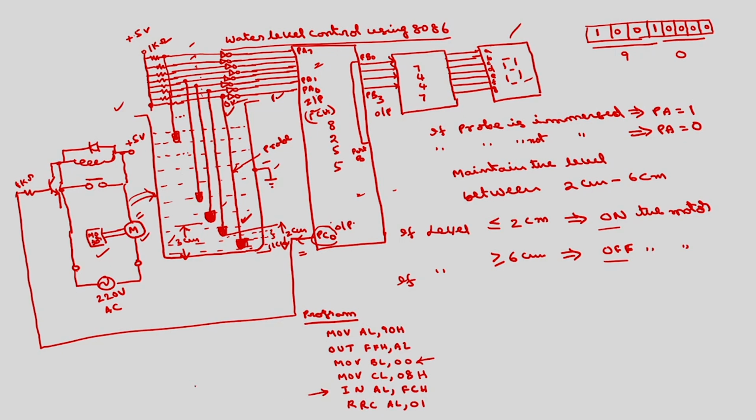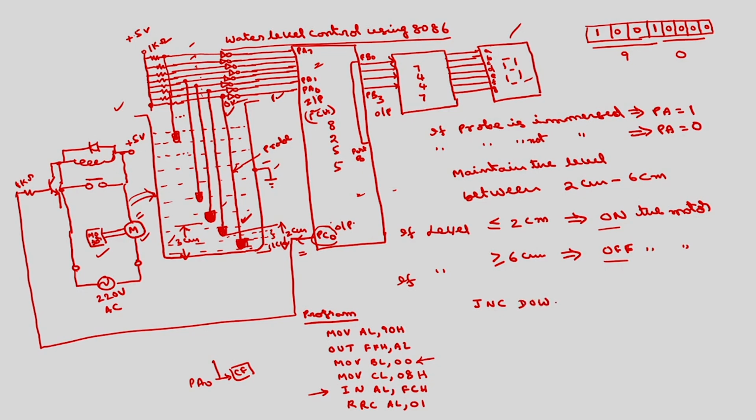So this PA0 content goes to the carry flag as well as PA7. Okay. So I am going to check now the carry, JNC down.